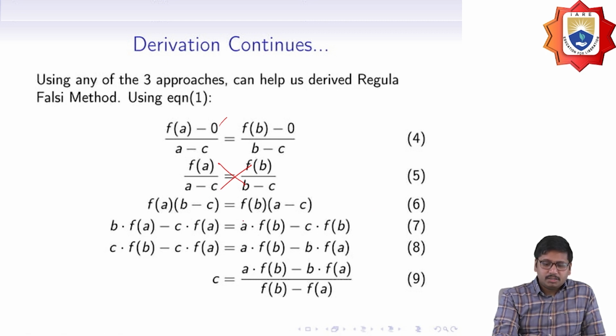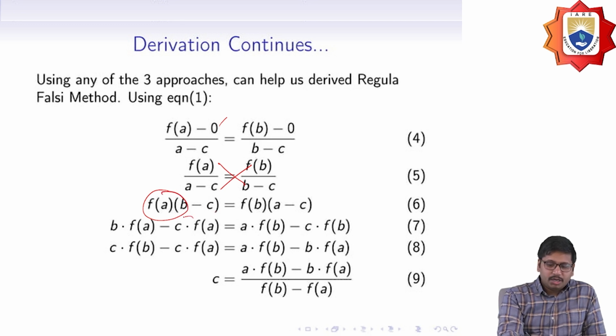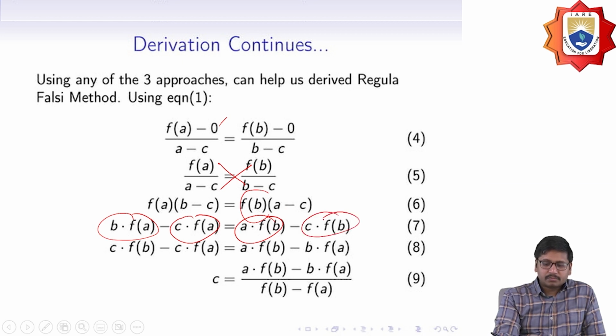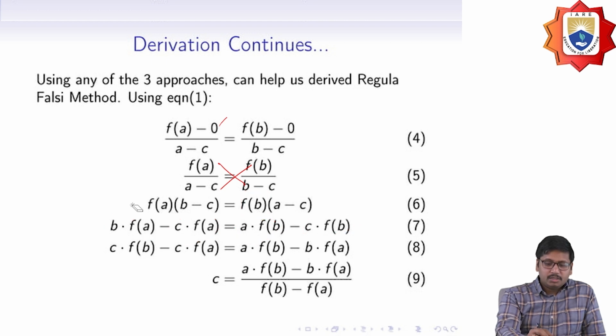Then, expanding this, b into f(a) minus c into f(a) equals a into f(b) minus c into f(b).